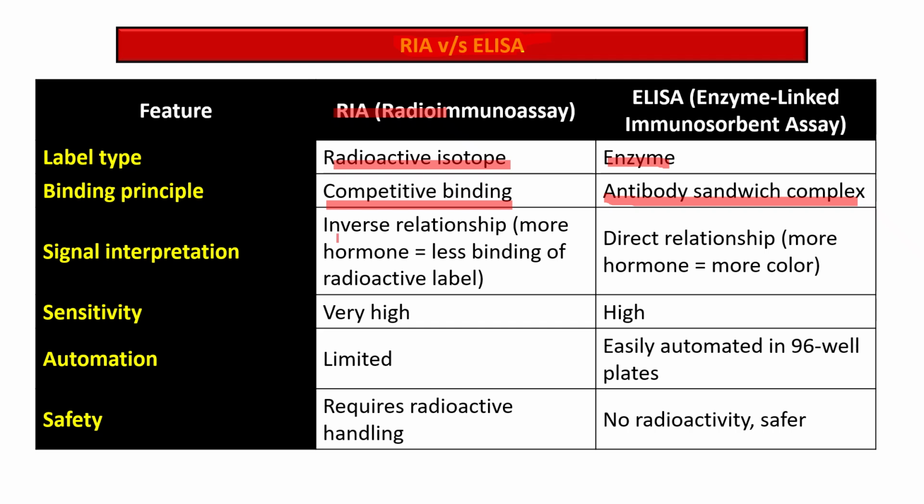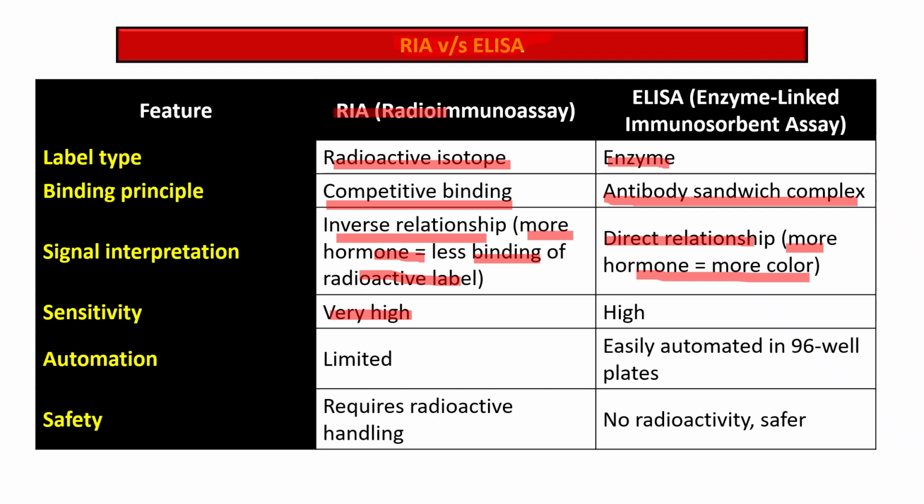For signal interpretation, there is an inverse relationship in the radioimmunoassay. That means more hormone equals less binding of the radioactive label. While in ELISA, there is a direct relationship. That means more hormone will lead to the development of more color or fluorescence.